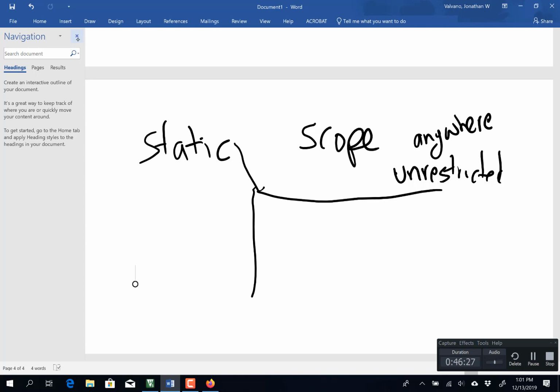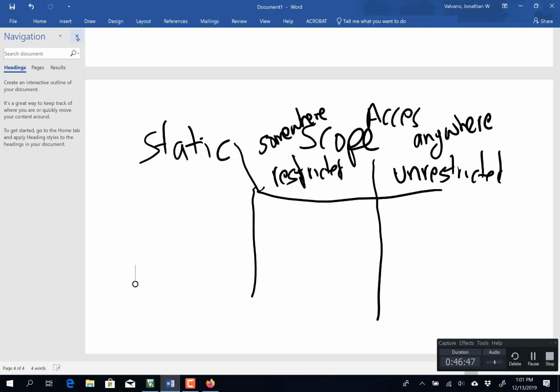And then we're going to have restricted, reduced scope: somewhere. Not everywhere, somewhere. We're going to reduce the scope in when it can be accessed, or who can access. That's what I mean by scope.